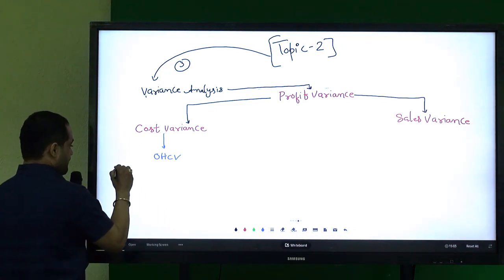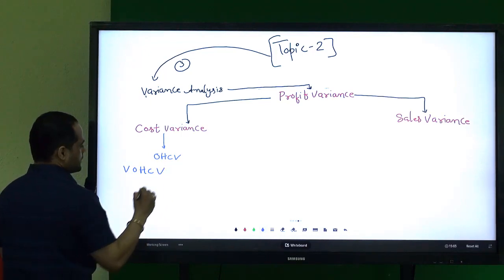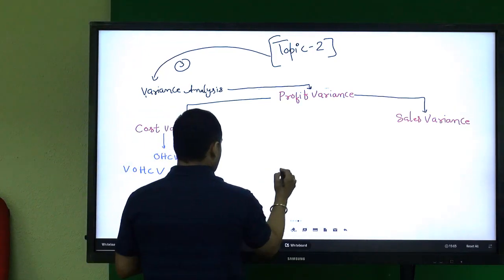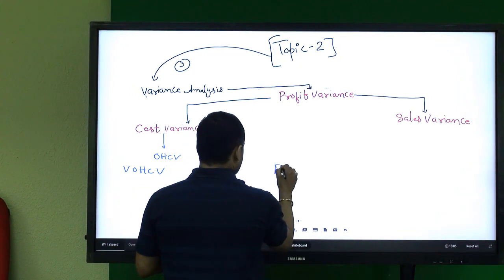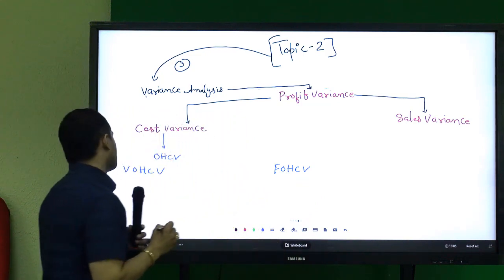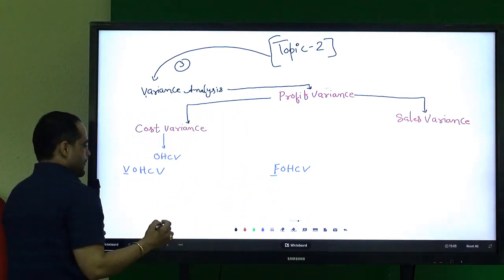So variable overhead cost variance and fixed overhead cost variance. Fixed and variable. Okay.